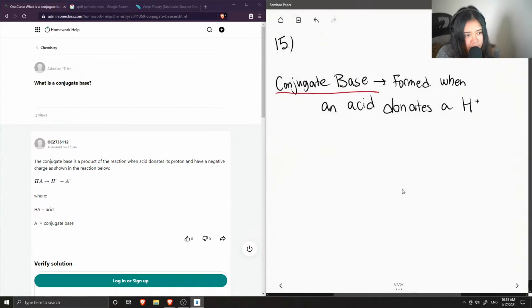So let's have an example where we have an acid such as hydrochloric acid. So this is our acid, which is the proton donor. Plus, let's say we had water acting as our base, which is the proton acceptor.